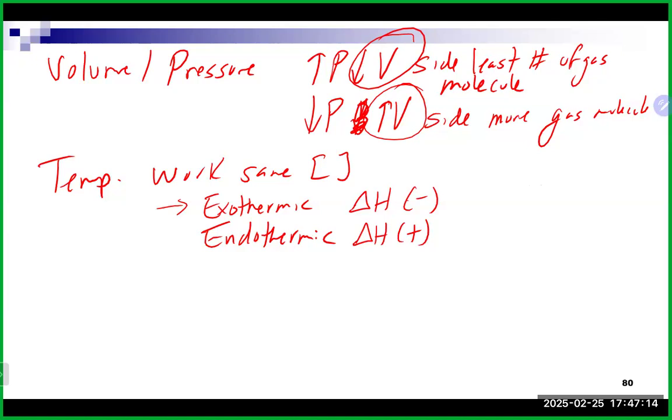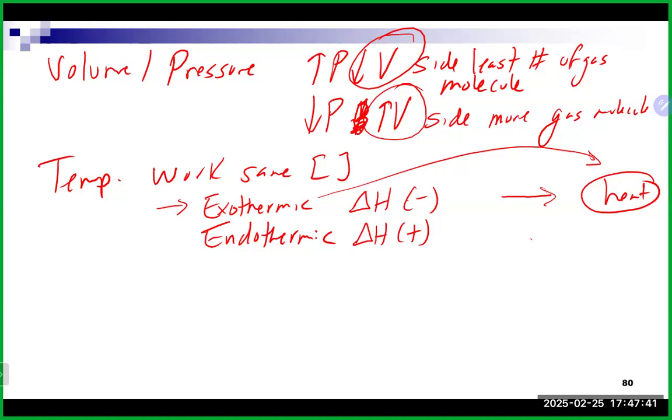In terms of how we think about heat in this situation, or temperature in a sense, if it's exothermic, we think of heat as being a product, like it's being given off. So in an exothermic reaction, if you increase the temperature, it would shift to the left, away from it. And if you decrease the temperature in an exothermic reaction, then it would go to the right-hand side, towards the product side.